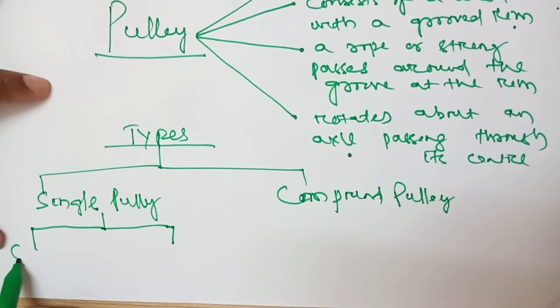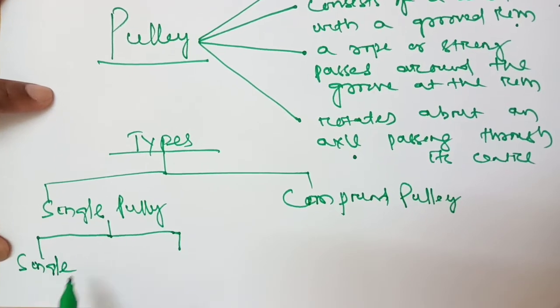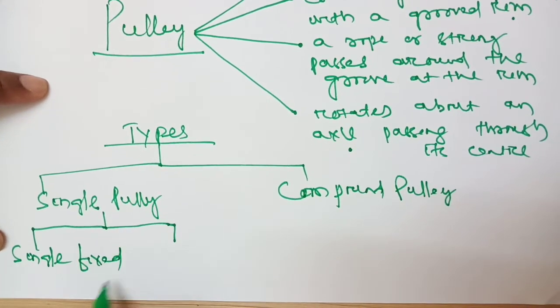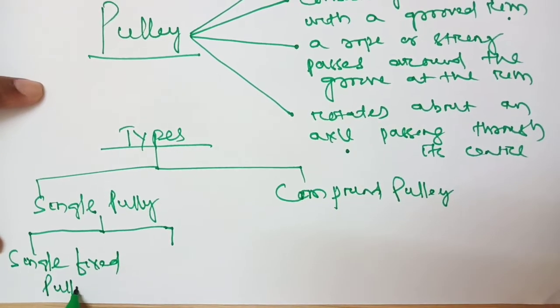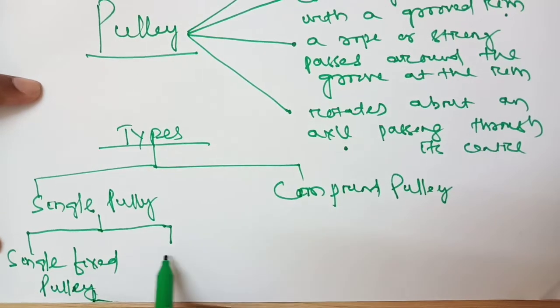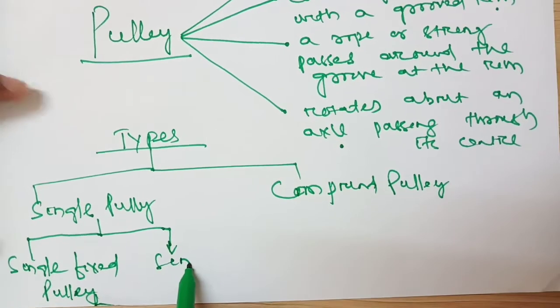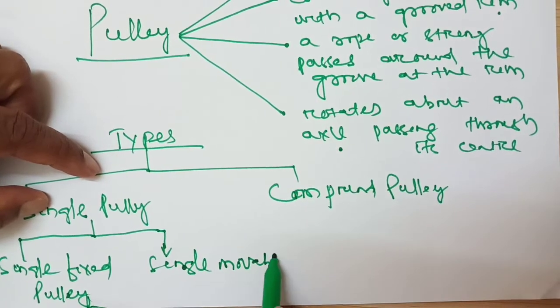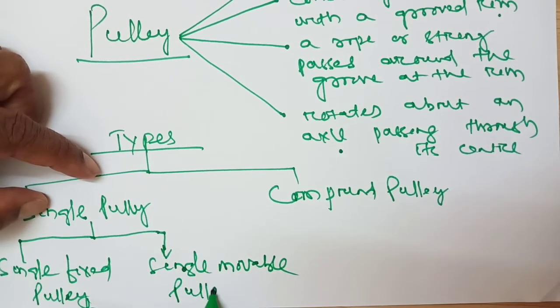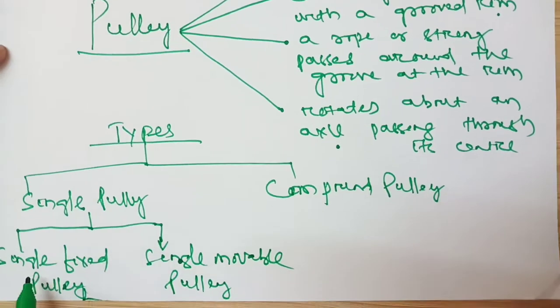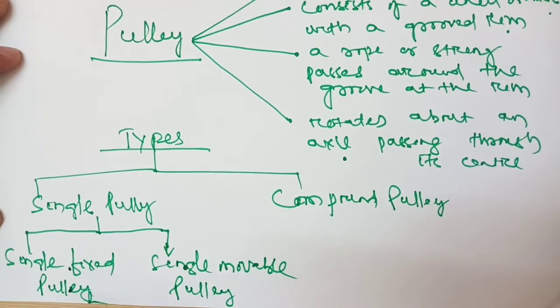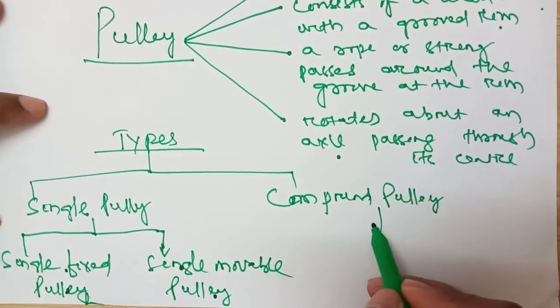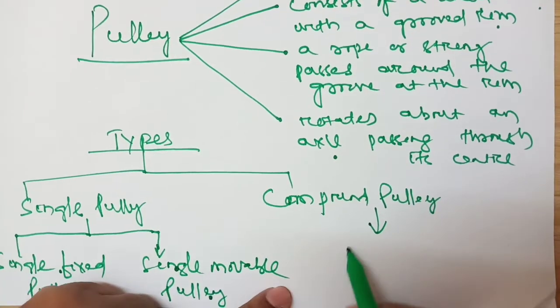One is single fixed pulley, another single movable pulley. Single pulley again two types: single fixed pulley and single movable pulley. Compound pulley means it is a combination of pulleys.